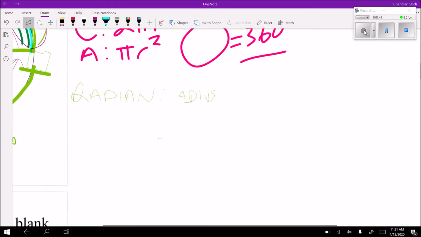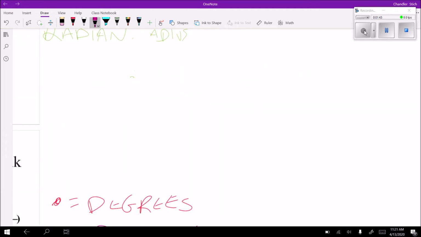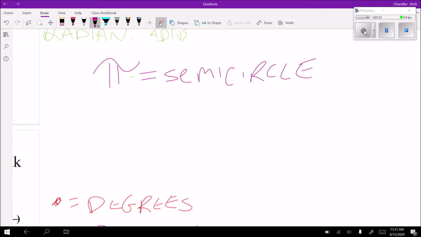Let me write it over here. Pi equaled a semicircle. And we can even put a number to this. So pi is equal to 180 degrees, because obviously the whole circle is 360. Half a circle, or semicircle, is 180.